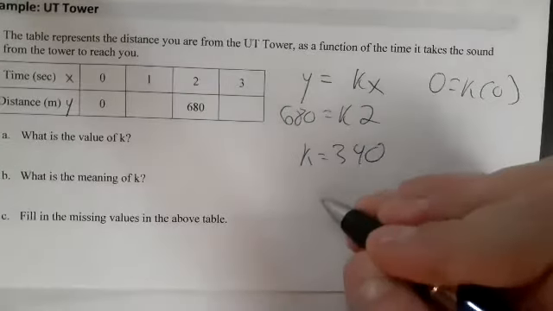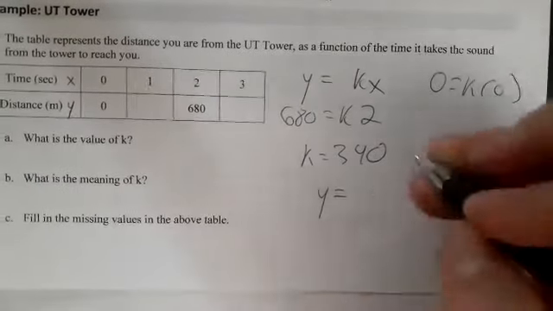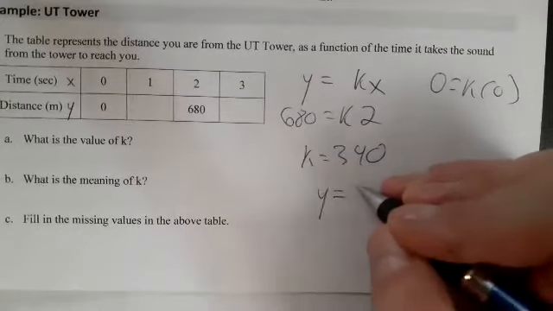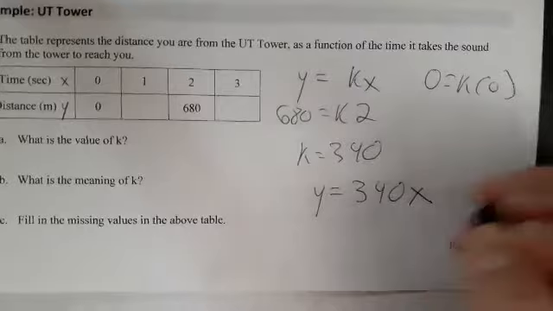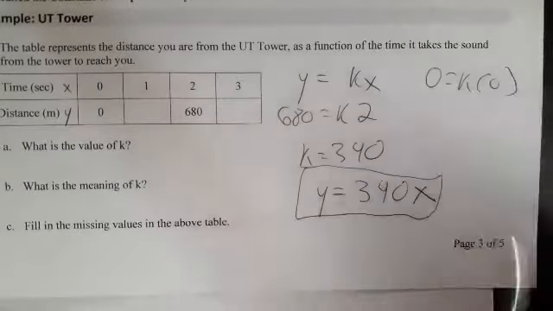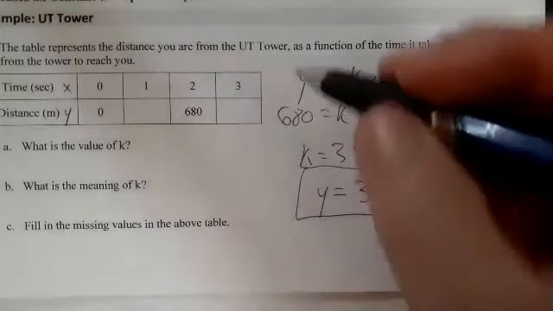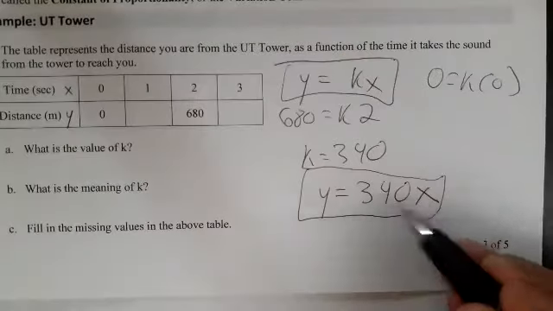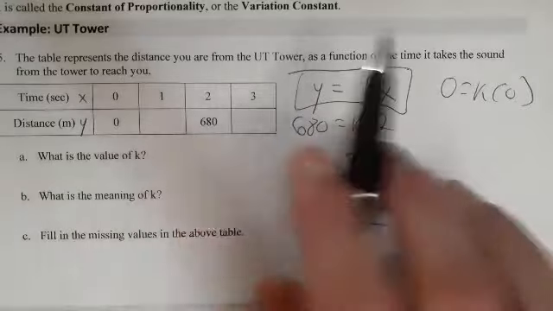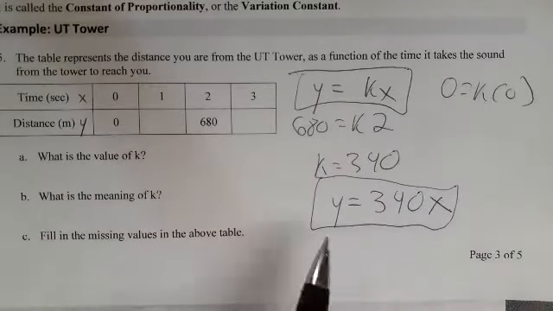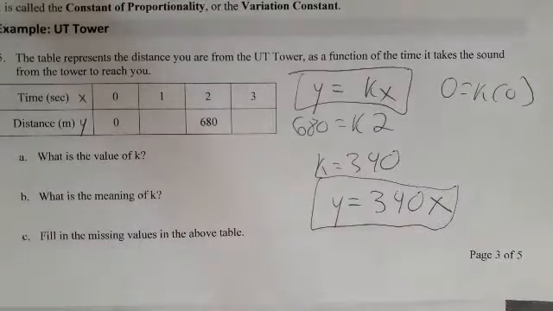Thinking about this thing. So this is the general formula. This is the specific formula to talk about this sound from the UT tower. So now we've found an equation to talk about the sound from the UT tower and how far you are from it versus how long it's going to take for the sound to travel to you, right?